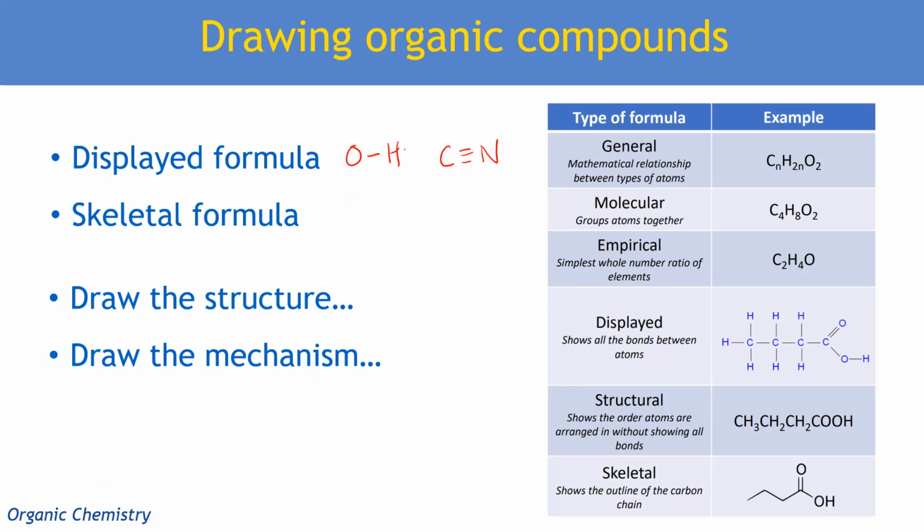Because if it says draw the structure, it does not mean you must draw a structural formula all in one line with brackets around your OHs and brackets around your CH3s. Structural is not really a specific type of formula. It is just not fully displayed and not skeletal. You can show the bonds in between carbon atoms in structural, or you could not. You could show branches coming above and below your molecule, or you could do it with the brackets.